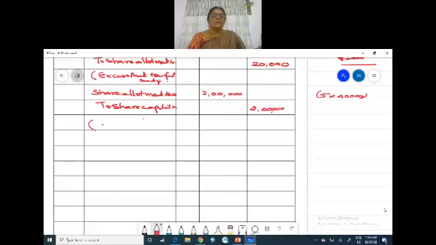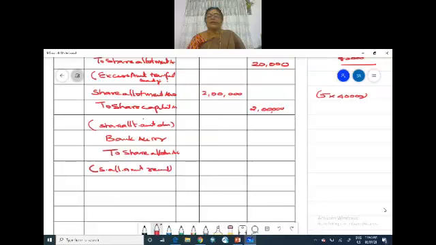So being share allotment amount due. Next, bank account debit to share allotment. Being share allotment amount received. How much is that?